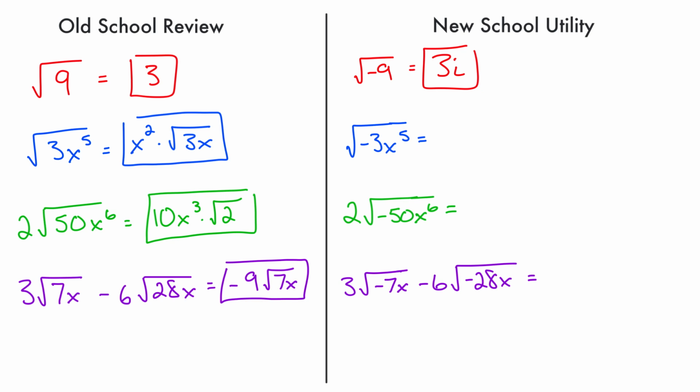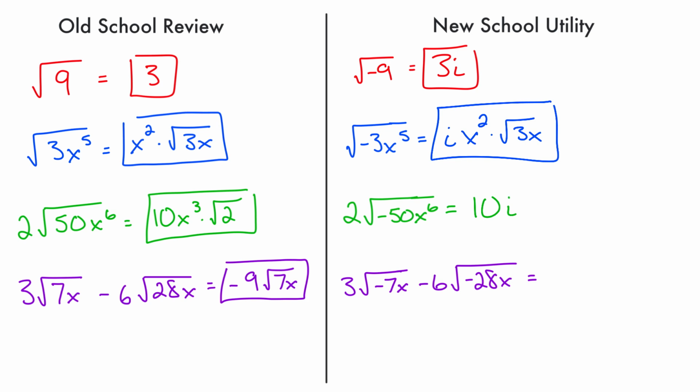So when I write this, I'm going to write the numbers first, then the variables. When you start getting to more complicated answers, like problem number 3 in green, where there's a number that's an integer and a variable, when you start throwing negatives into the radical, you're still going to have an i, but now it's going to go the knowable number, then the complex number, then we put our variable.